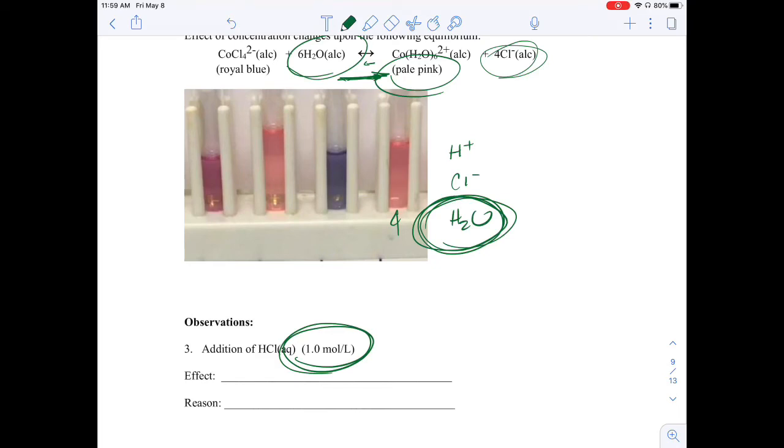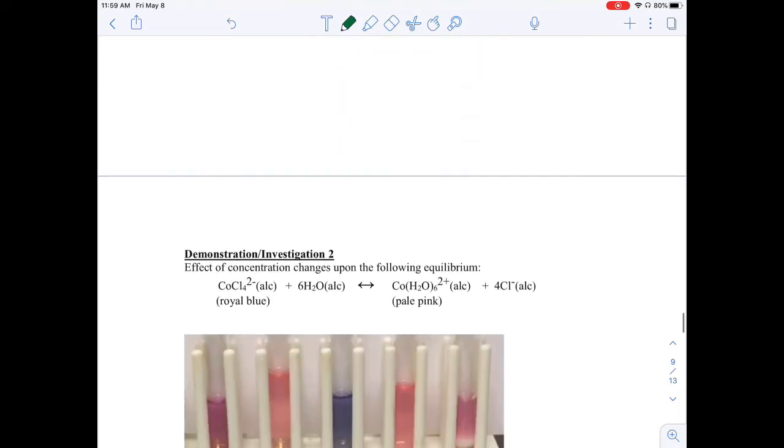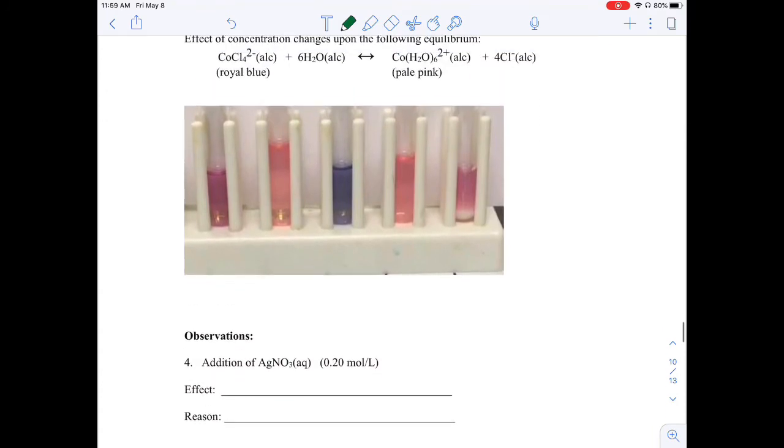That's a really complex one. The last one is super important, and in this case, I really want you to watch the video and see this reaction that's happening in this last test tube, because what is down here is a precipitate.